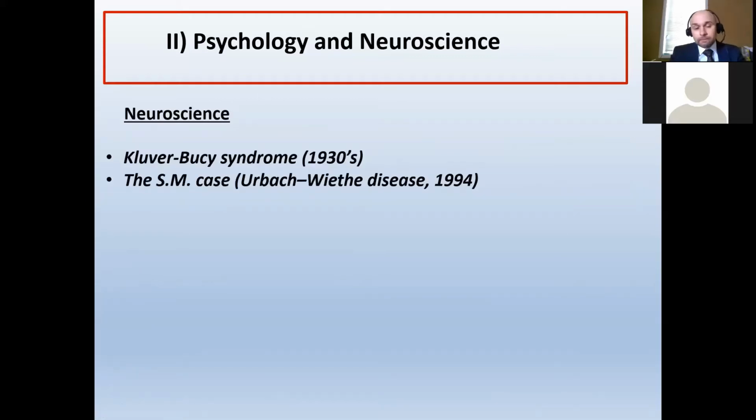And after, there is a very well-known case. So SM is a woman, and this woman has a disease, and the consequence of this disease is that, again, her amygdala doesn't work. And so this woman doesn't feel fear. You can put a snake in front of her, she will not feel fear.